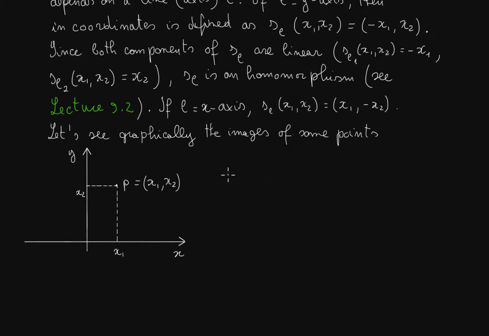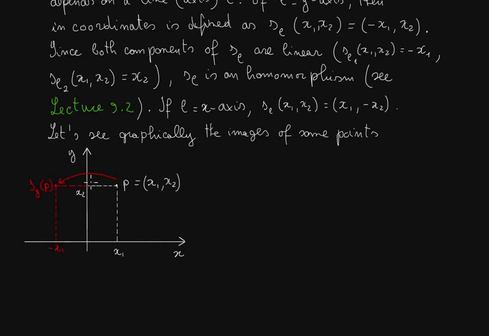And hence, we just have basically one way to represent graphically the action of the map, and that is to pick some points or some subsets of R2 and see what's the image of these subsets. In this case, let's pick a generic point P with coordinates x1 and x2 and see how the map operates on this point.